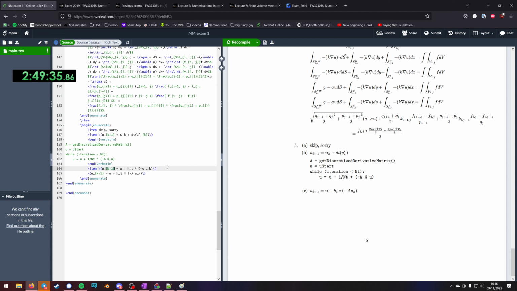I think it was something like, can't we just say that we know from forward Euler that the absolute value of 1 minus h lambda.